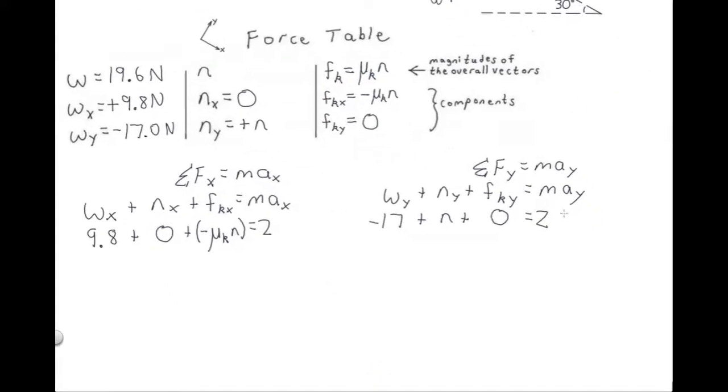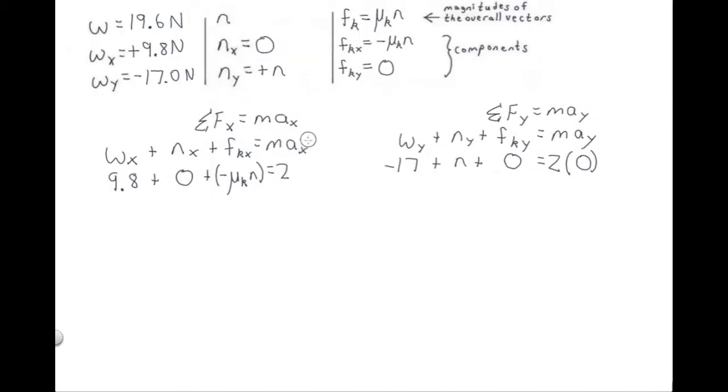Since the object is motionless in the y component, a sub y is 0. Now, what about for a sub x? Should we plug in 0 for a sub x? Well, clearly not. The object is clearly not motionless in the x component. There's no reason to think that the object is moving with constant velocity in the x component, so there's no reason to plug in 0 for a sub x.